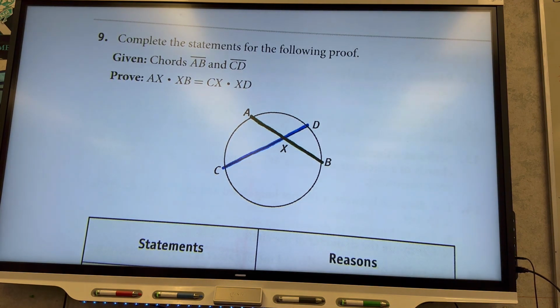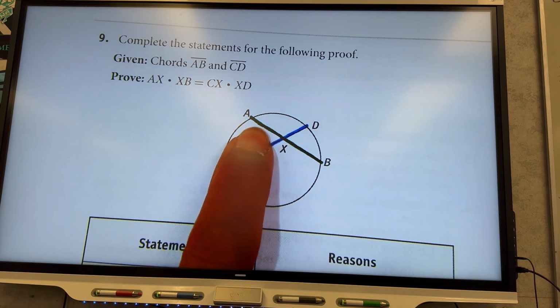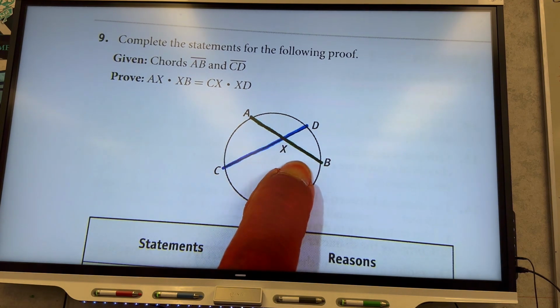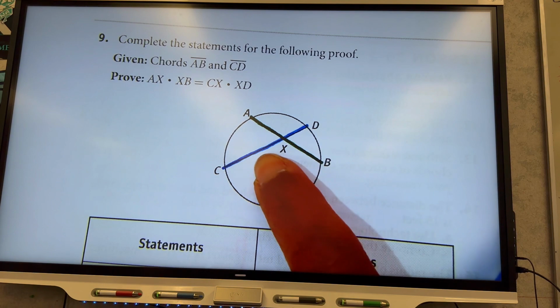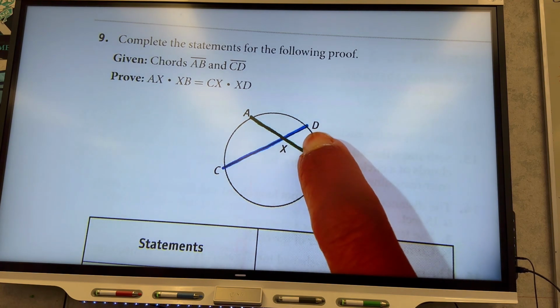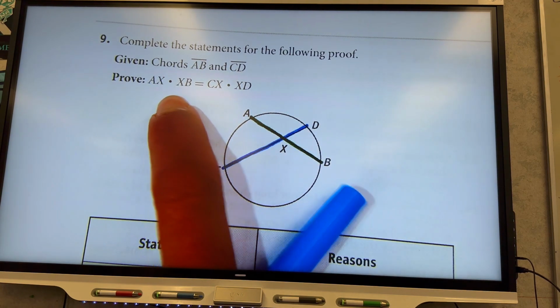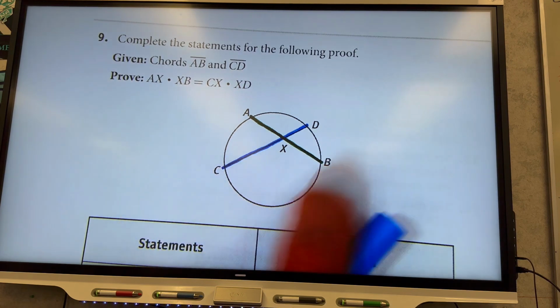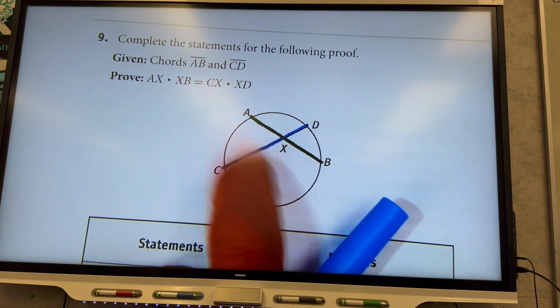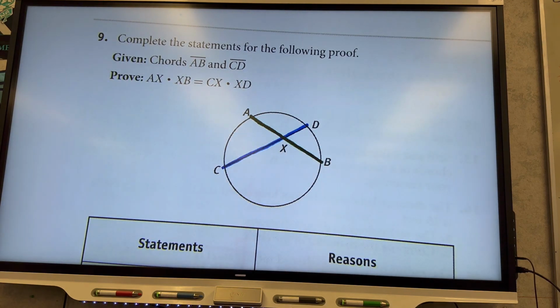And it says to prove that AX times XB equals CX times XD. So we are going to prove this to be true.